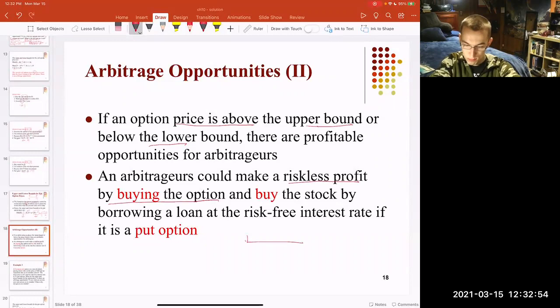Again, we talk about this case when the market put price is lower than the lower bound.